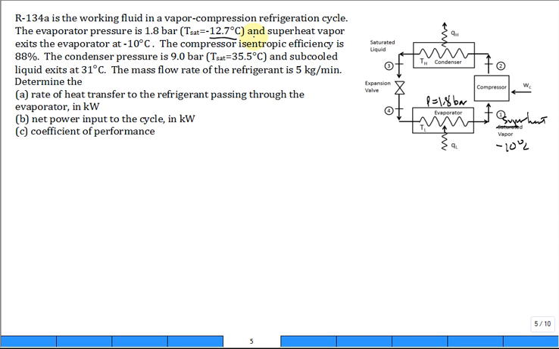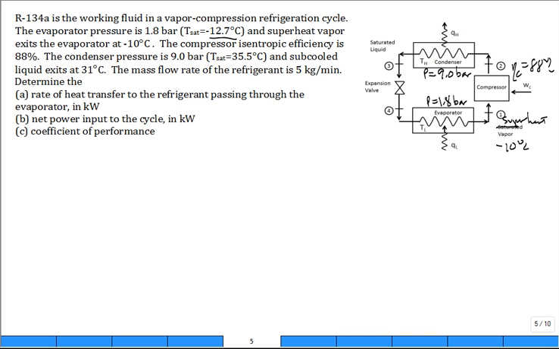The compressor isentropic efficiency is 88%, and the condenser pressure is 9 bar. So the high side pressure is 9 bar, the low side pressure is 1.8 bar. And the corresponding saturation temperature is 35.5 degrees C for that pressure of 9 bar.